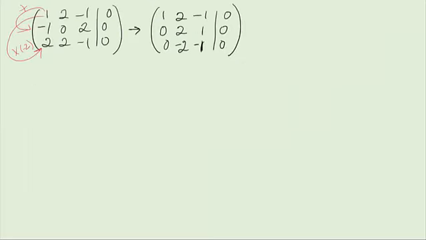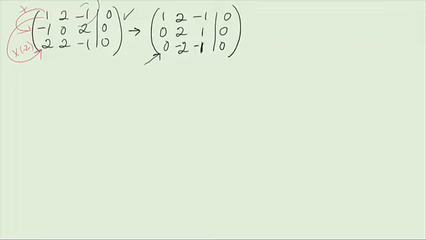Doing so, we get this matrix. Notice I multiplied the top row on this matrix by -2 and added it to the third row, thereby giving me a 0 in this position. -2 times 2, -4 plus 2 is -2.